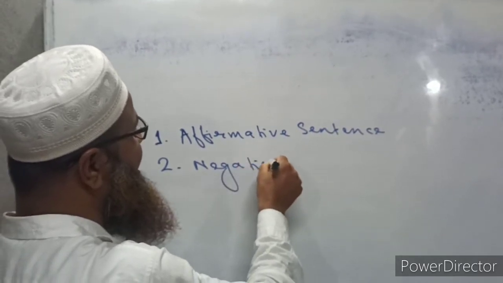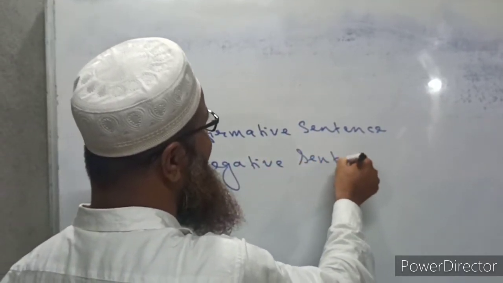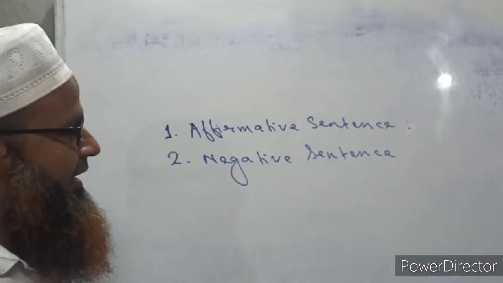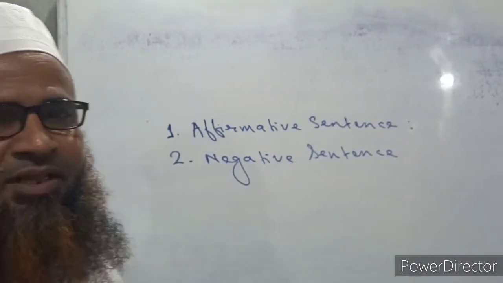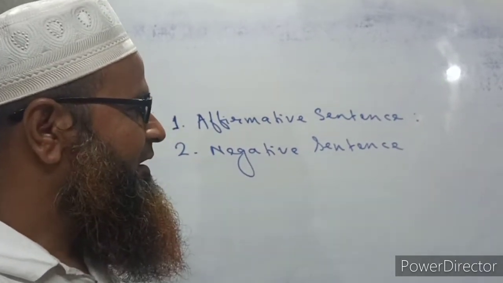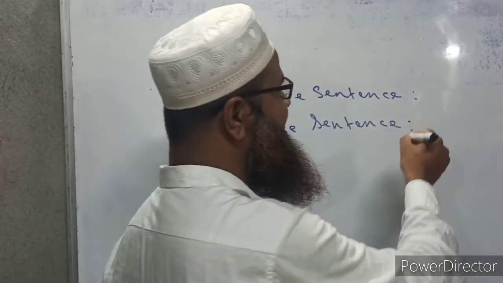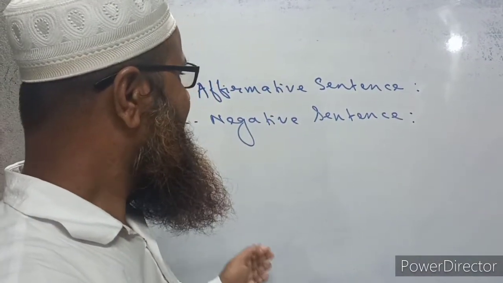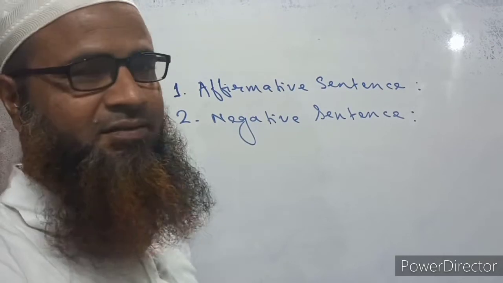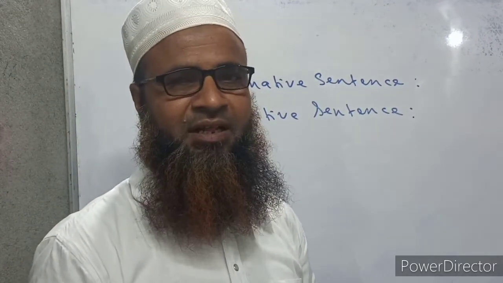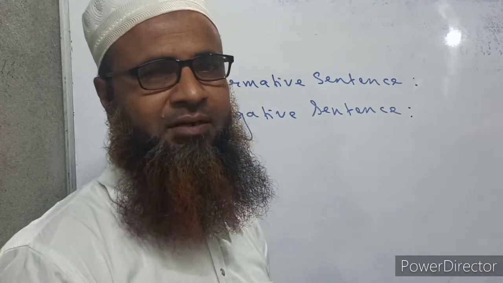What does affirmative sentence mean? Affirmative sentence means a sentence which affirms everything, while negative sentence means a sentence which negates everything. So we can say affirmative sentence always admits and negative sentence always refuses or denies.